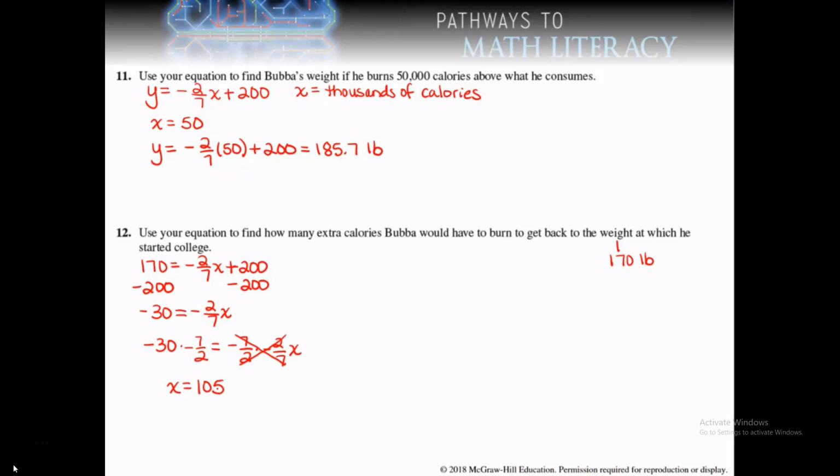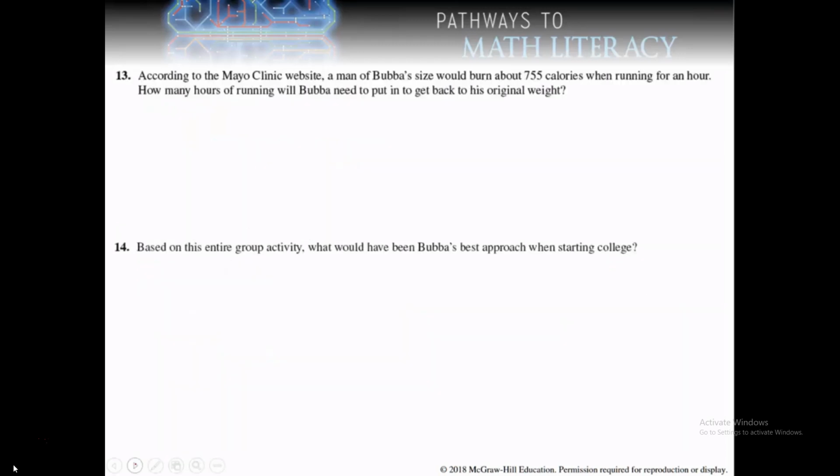In number 13, if we know that he needs to burn 105,000 extra calories, and a man of his size would burn about 755 calories when running for an hour, how many hours of running would that take? So let's start with the 105,000 calories that he needs to burn. And then we can multiply that by a fraction that says he burns 755 calories in an hour. Now we need the calories on the bottom so that they'll cancel.